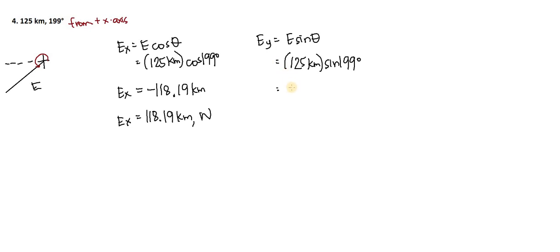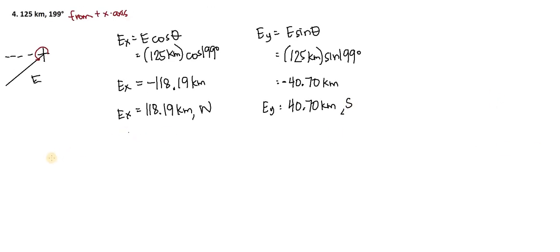Try nyo rin sa calculator. 40.70 kilometer. Oh, that's a negative 40.70. Okay, so that negative represents the direction. So that's 40.70 kilometer towards south.